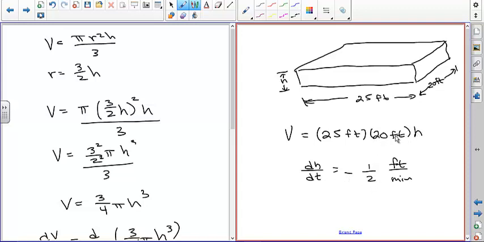So now we can take the derivative of the geometric relationship, and you would get dV dt is equal to, if you multiply these together, you get 500, I think, right? 25, yeah. So you get 500 feet squared times dH dt. And because this is negative, this will be negative, which makes sense because the volume is getting smaller.